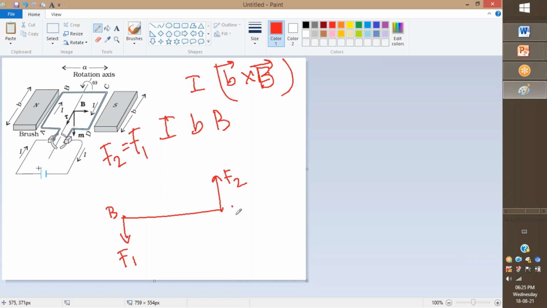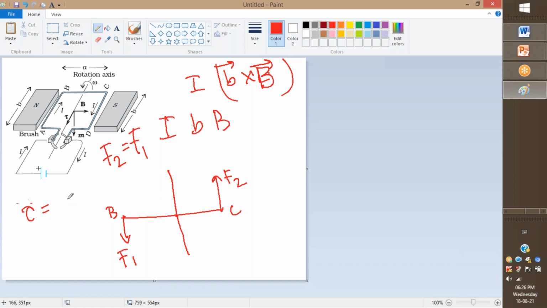So both F1 and F2, like I was showing you here, F2 is this way, upward, and F1 is this way, downward. And see, this is BC. And what is the axis of rotation? I have to calculate the torque about the axis of rotation. So this is the axis of rotation.